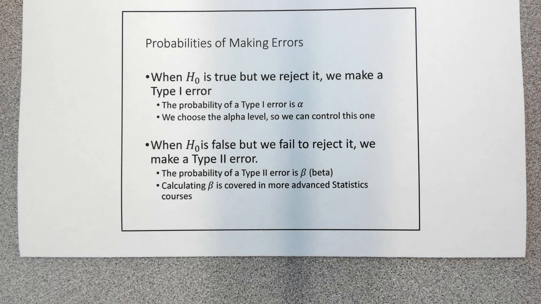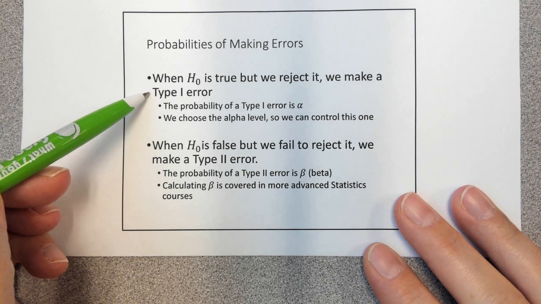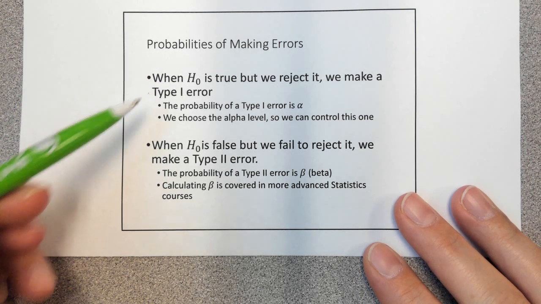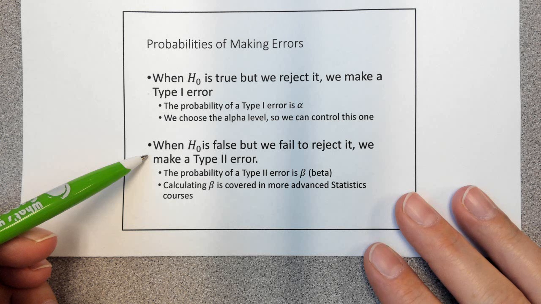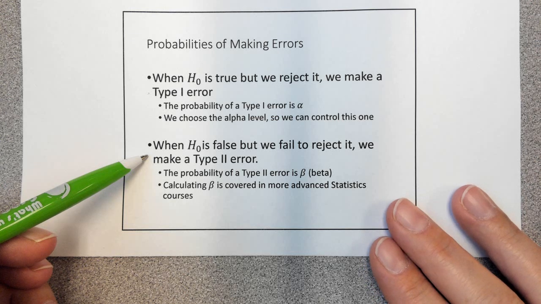So if I make alpha lower, then I have a smaller chance of that happening. So if I reduce the alpha level to 2%, then I only have a 2% chance of making that mistake. Okay? The problem with that is if I decrease the probability of making that type of error, it's actually going to increase this one. So they have to kind of balance each other out.